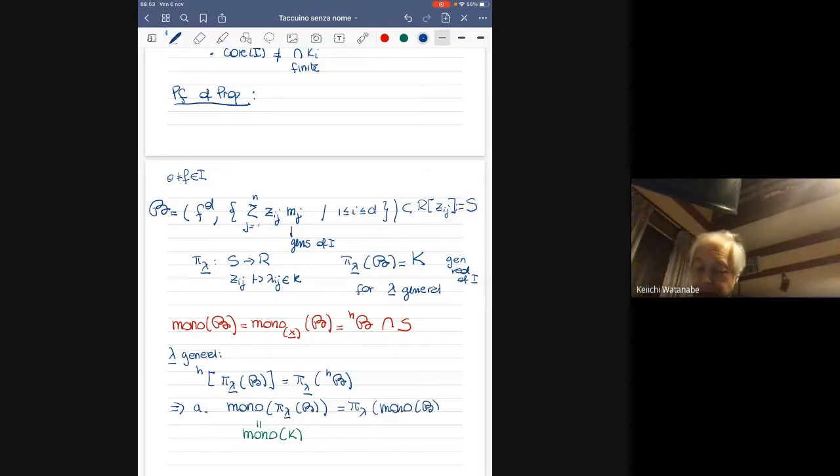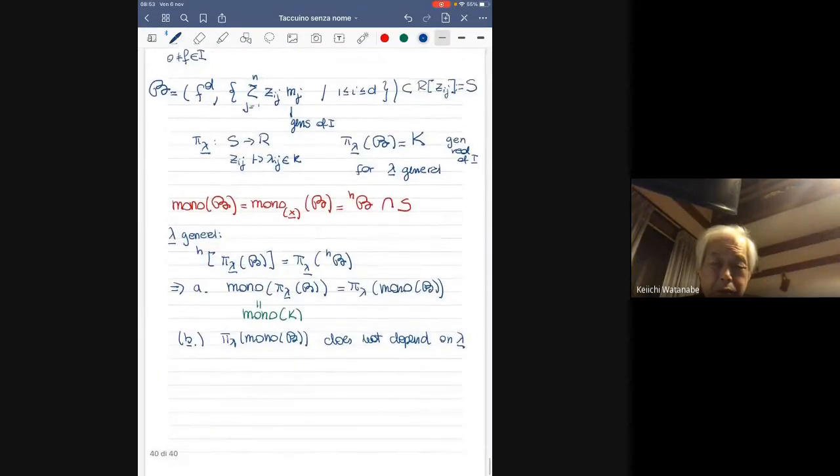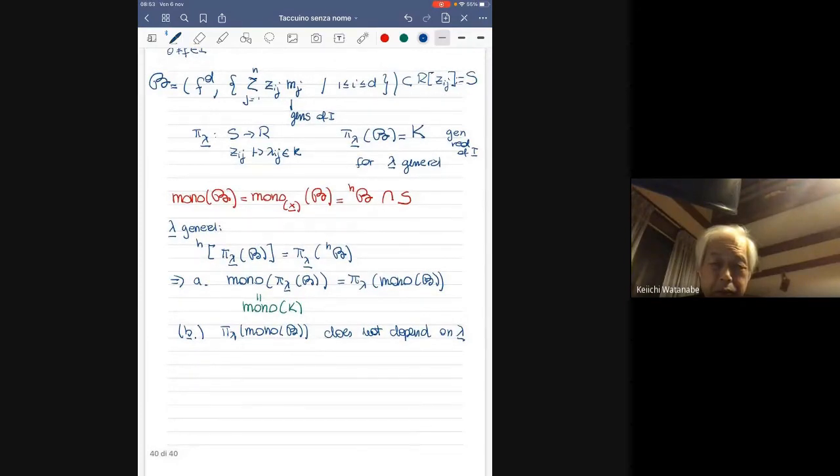And why do I care about this? Because it's easy to prove, actually, that pi lambda of mono beta does not depend on lambda for general lambda. Remember, lambda is general. Why is this so clear? Because the mono of beta is generated by monomials in the X's with coefficients that are polynomial in the z's.